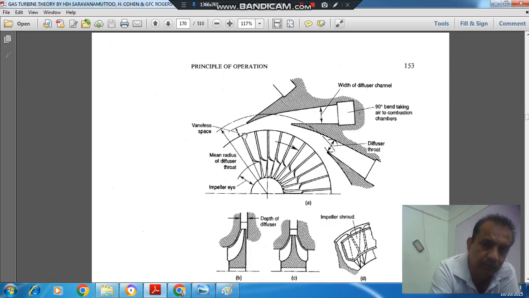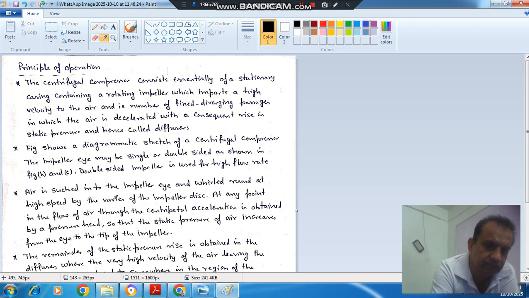From here to here the pressure also rises, and from here to here the velocity also rises. So air is sucked into the impeller eye and whirled round at high speed by the vanes of the impeller disc. At any point in the flow of air, the centrifugal action is obtained by a pressure head, so that the static pressure of air increases from eye to tip of the impeller.